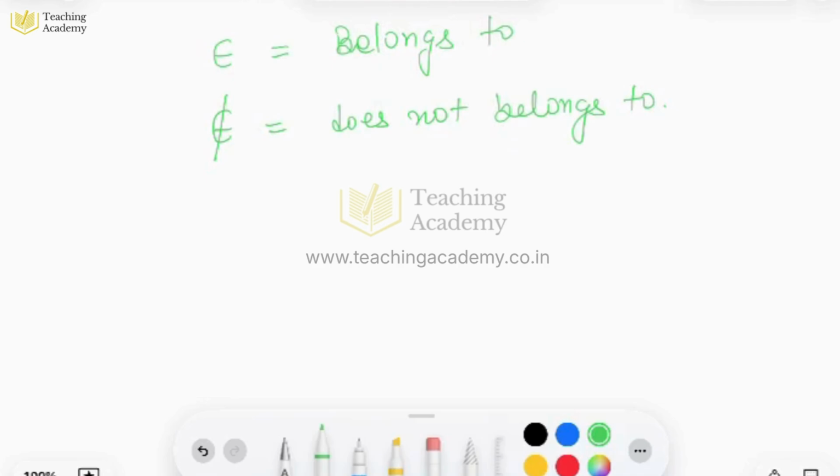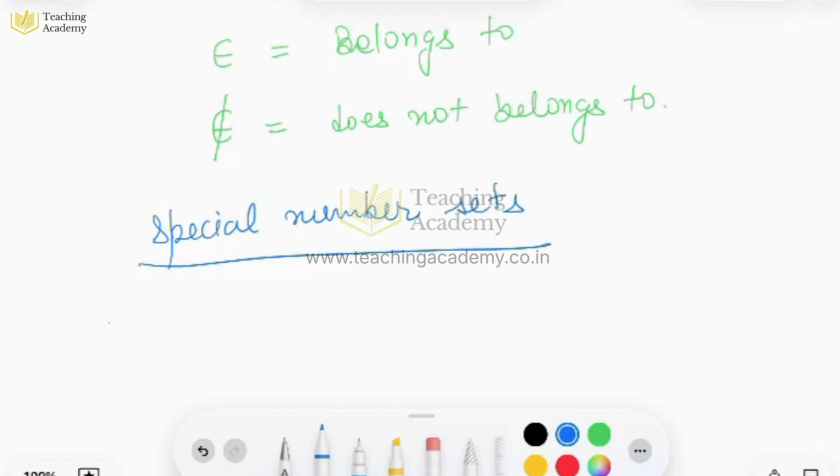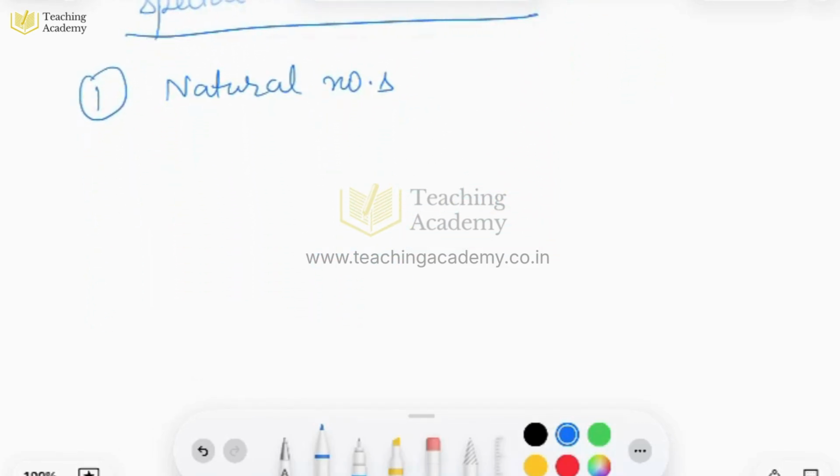So let's take some more special number sets. First one is about natural numbers. If I say natural numbers, the denotation in set theory is N. What is N?